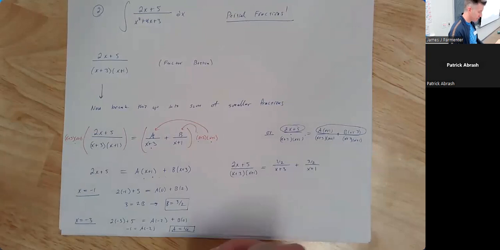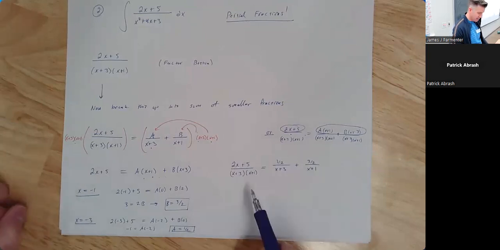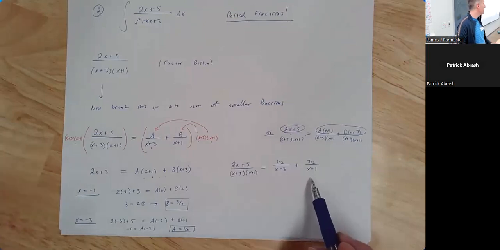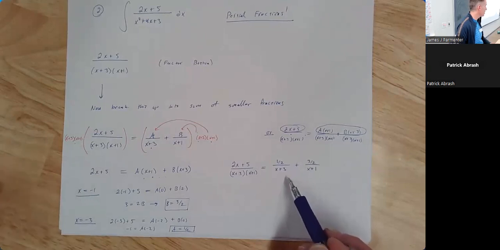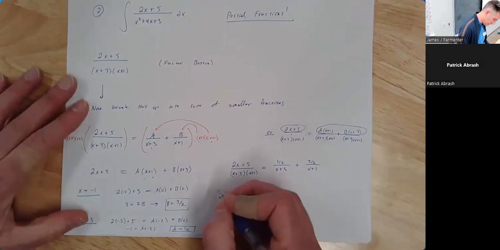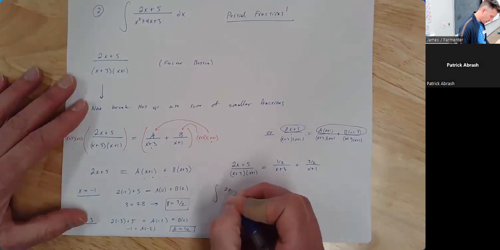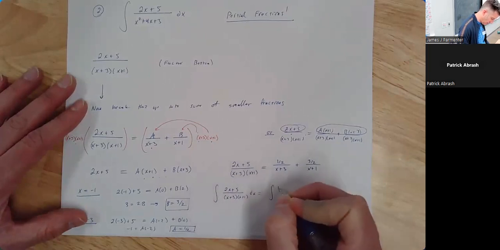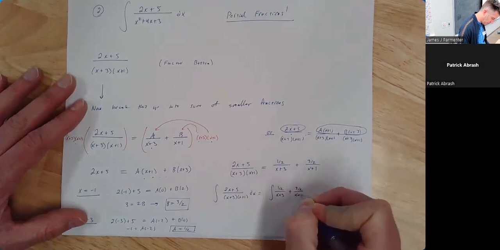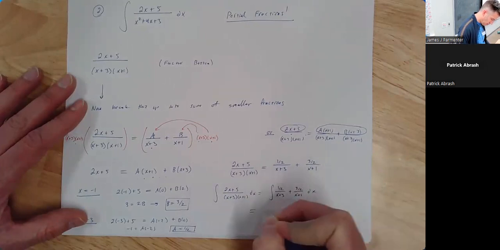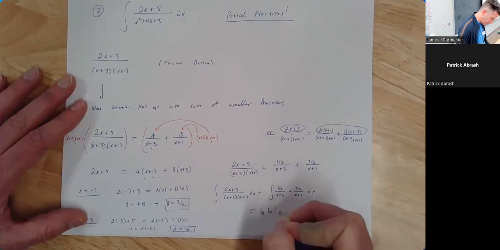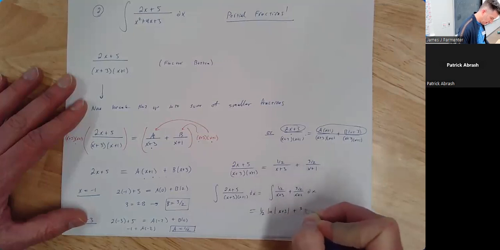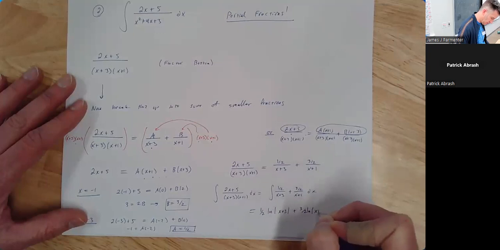We don't want to do that because the whole point of writing it this way is this right-hand side is much easier to anti-differentiate. So we can rewrite this as the integral of 2x plus 5 over x plus 3 times x plus 1 equal to the integral of 1/2 over x plus 3 plus 3/2 over x plus 1. And that's going to equal 1/2 the natural log of the absolute value of x plus 3 plus 3/2 the natural log of the absolute value of x plus 1.